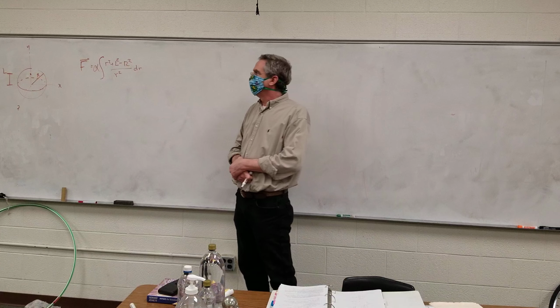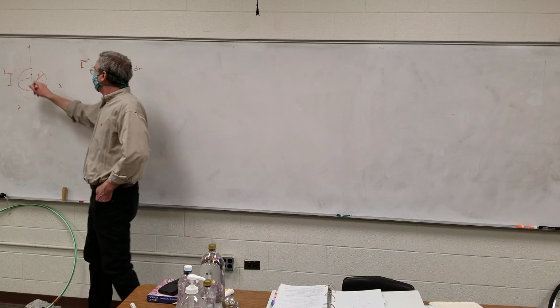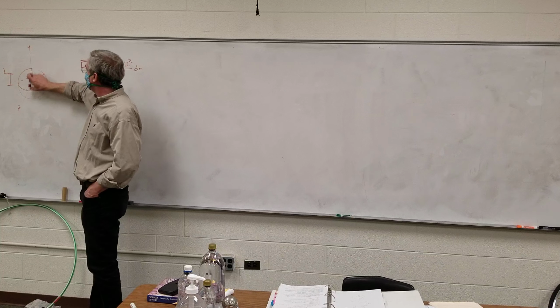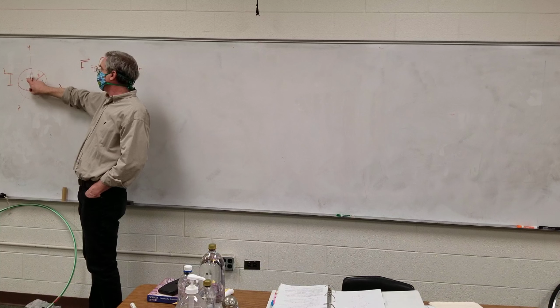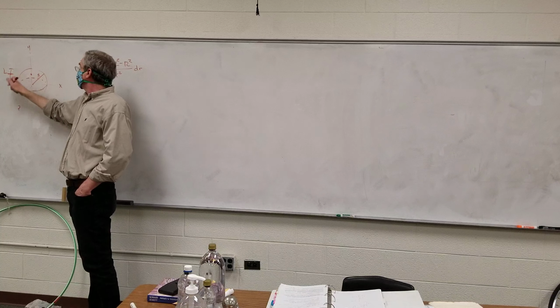Big R minus L? Yeah, big R minus L. So if the distance from the center to the surface is big R, and this is L, then the shortest distance is this right here.